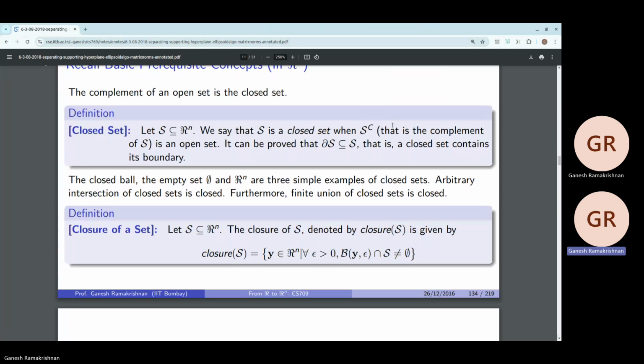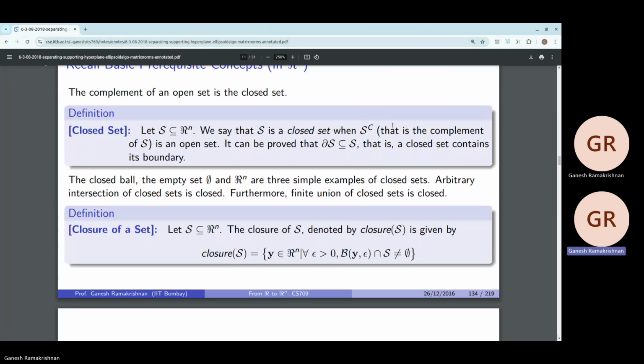Because if I take any point Y in the closure and any epsilon ball around that point Y, it has some non-zero intersection with the S, even though the S is the interior. S may be the interior, S may be the closure itself. In this case, S was the interior of this table. The closure is the entire table.